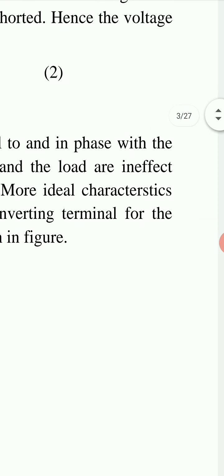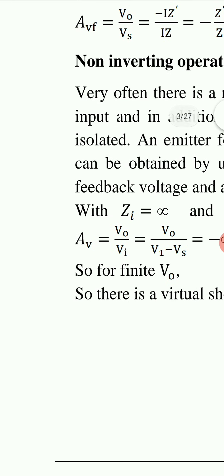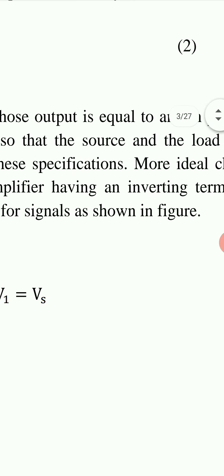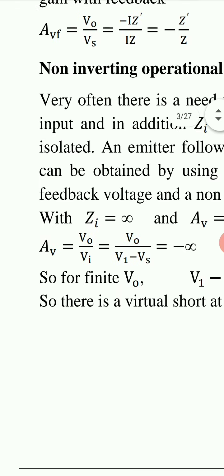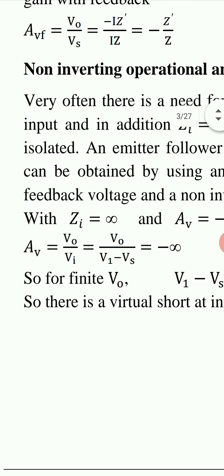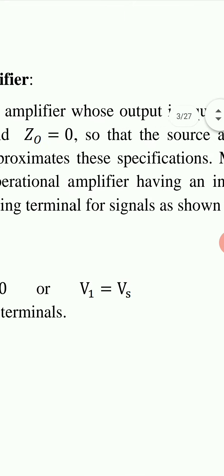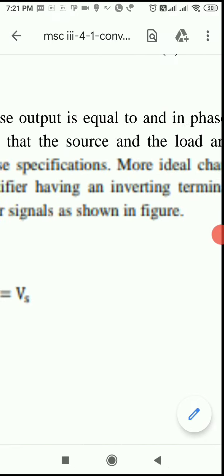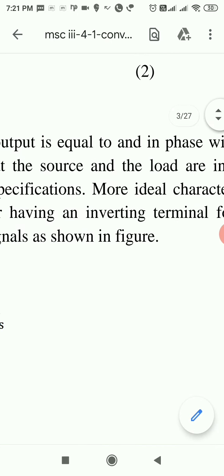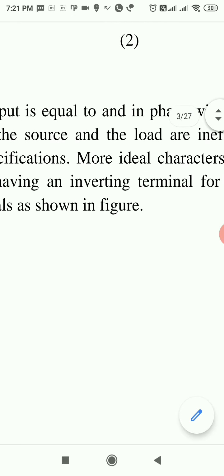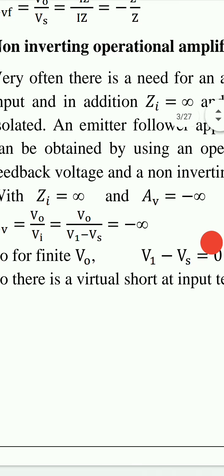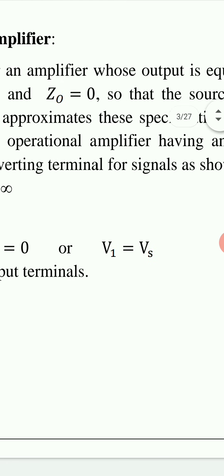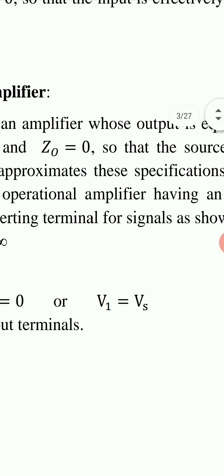More ideal characteristics can be obtained by using an operational amplifier having an inverting terminal for the feedback voltage and a non-inverting terminal for signals as shown in the figure.